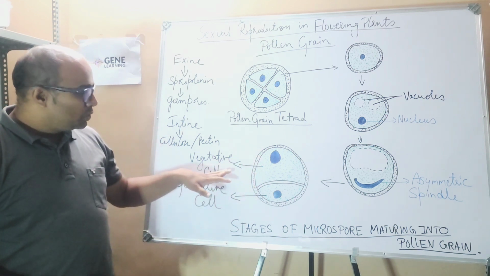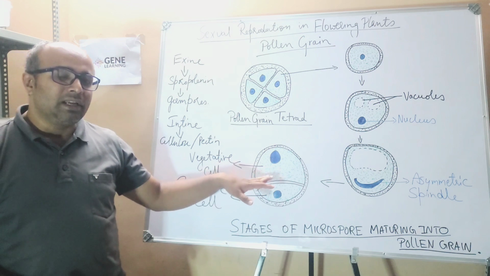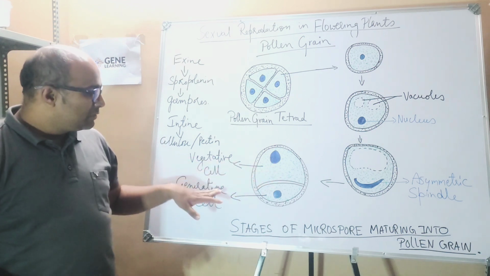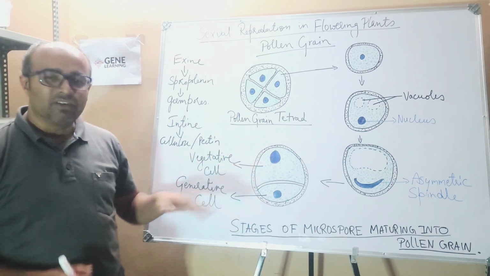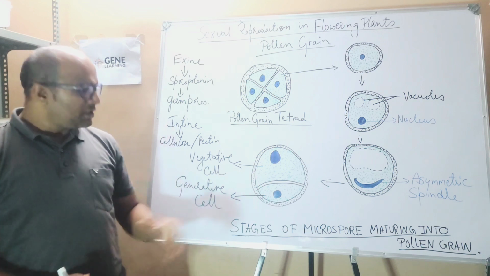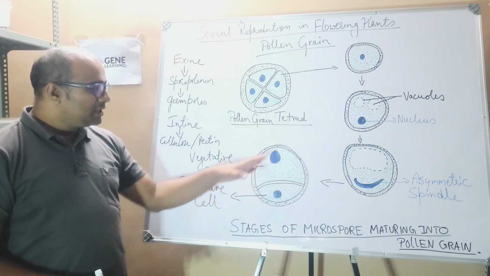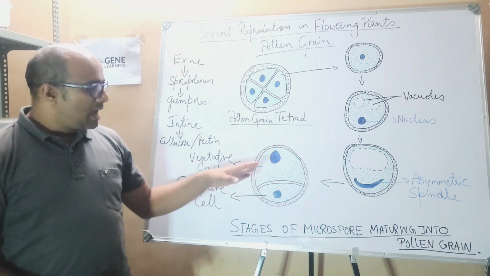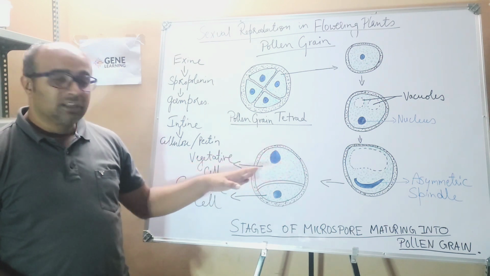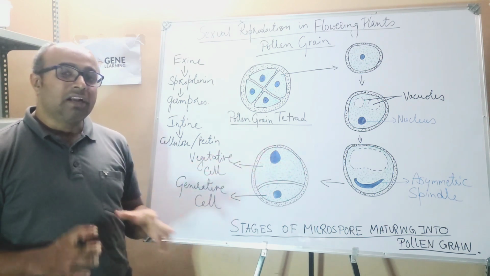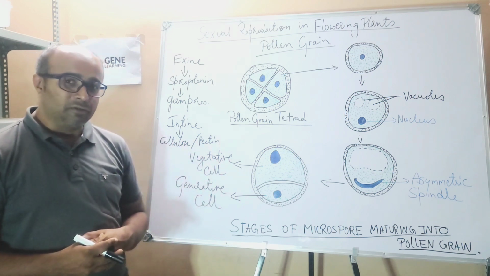The two cells found inside the intine are the vegetative cell and the generative cell. As you can see, the vegetative cell is quite large, has a dense cytoplasm and abundant food reserve.